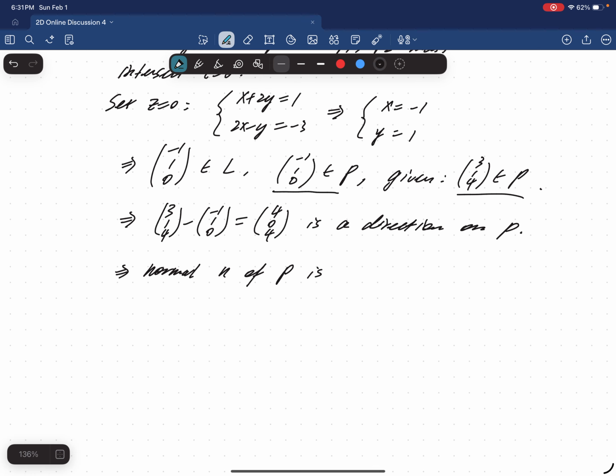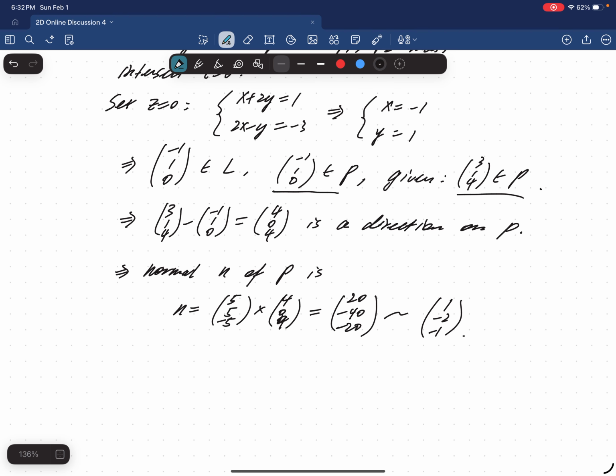So the normal n of my plane P is going to be (5, 5, -5) cross (4, 0, 4). This gives (20, -40, -20). But since this is a direction, I can scale it by any real number, so I can scale it to be just (1, -2, -1).